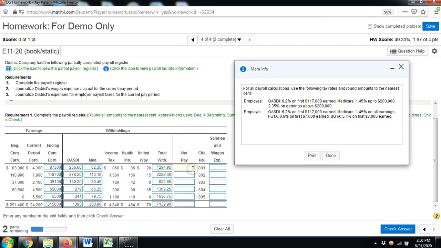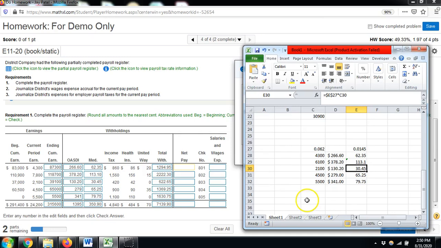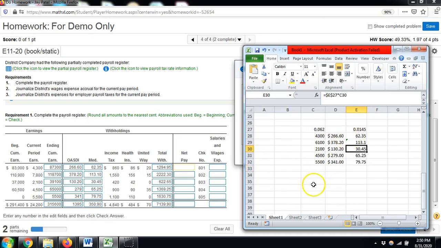Okay, so now the net pay is going to basically be the current period minus the withholdings. So this 4,300 minus this. Let's just do the first one. So 4,300 minus 1,294.95.